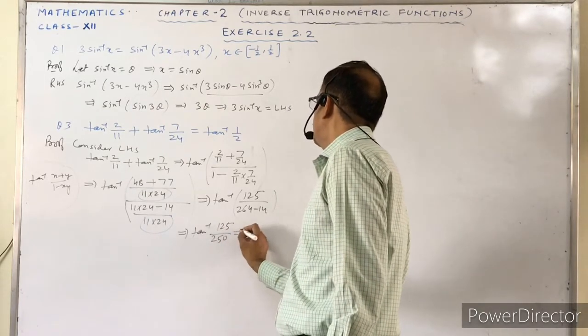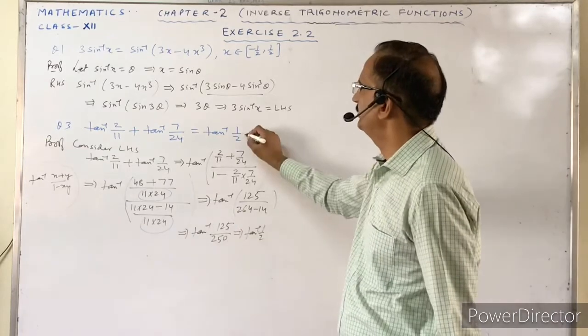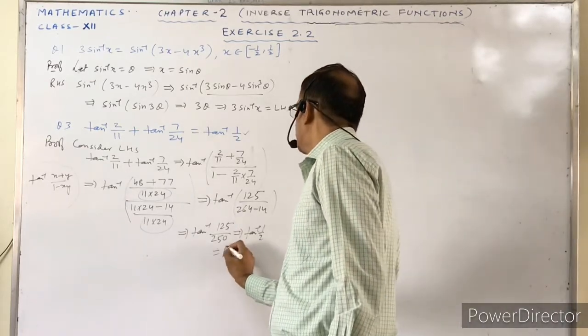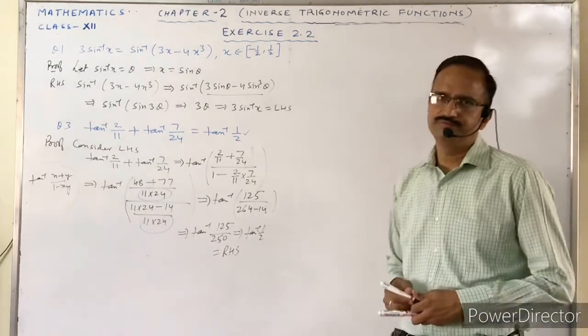These two cancel out, and we will get tan inverse 1 by 2, and it is nothing but the right hand side. In this way the result is proved.